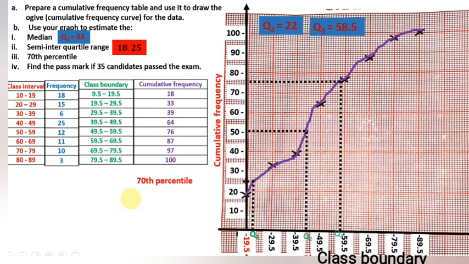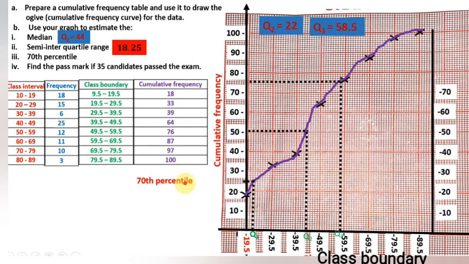Next, to find the 70th percentile, we are going to draw a vertical line on the right hand side. Okay, so we'll draw the line and then we'll divide that line into 10 places, into 100. We'll divide 100% into 10 places. So we do this. We have 10, 20, 30, 40, 50, 60, 70, 80, 90, and 100%.